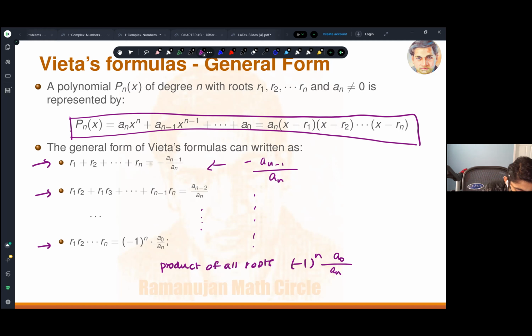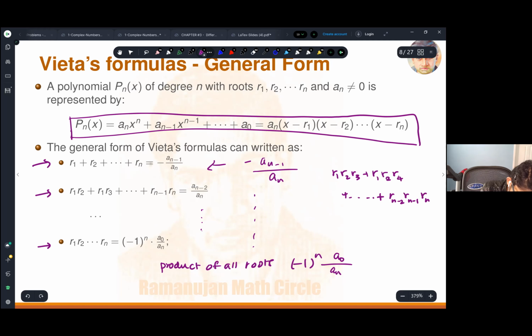But it's good to know that, for example, r1 r2 r3 plus r1 r2 r4 and so on till r(n minus 2) r(n minus 1) rn is equal to negative a sub n minus 1 divided by a sub n. So these kinds of things are really useful to know. And with that, let's look into an example that applies this.